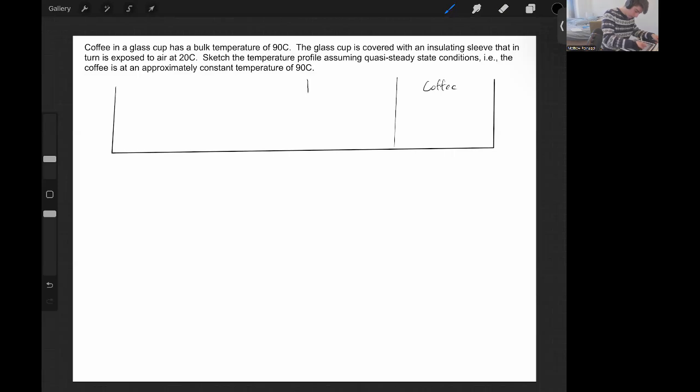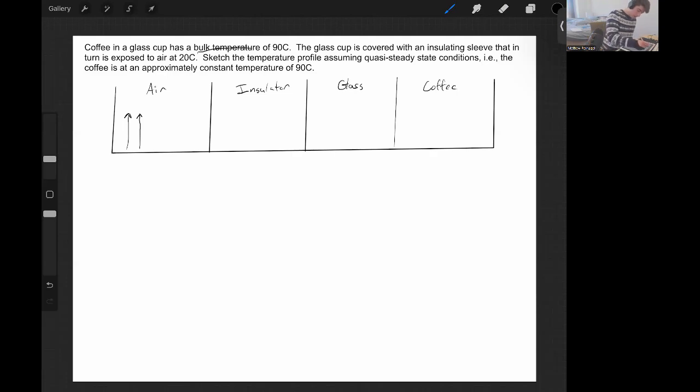And now I'm going to have my glass layer. And then I'll have my insulator. And then I will have the air it is exposed to, which I'll demonstrate with these arrows going up. So we do have a couple initial conditions.